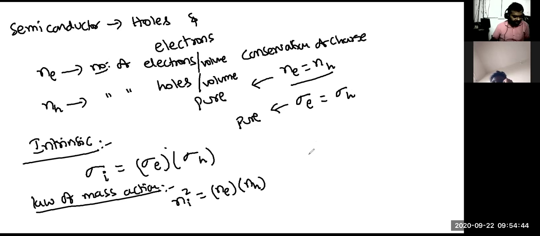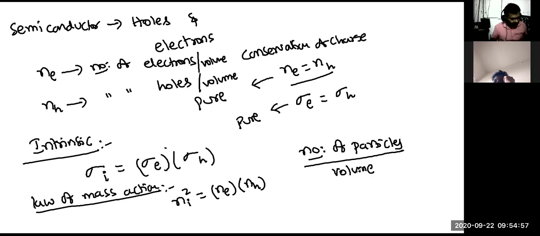Now, tell me one thing, number of particles per unit volume can be called as... Have you ever come across number of particles per unit volume in chemistry? In physical chemistry you must have come across it. What? Concentration. Did you study it?